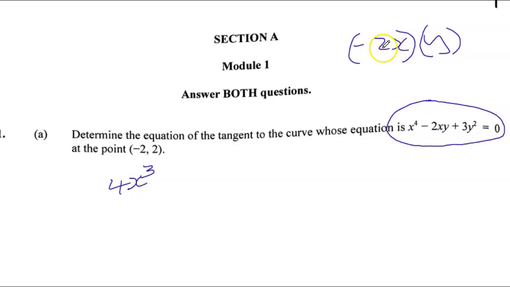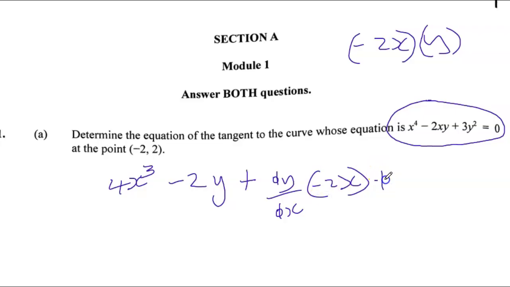Differentiate negative 2x with respect to x, we get negative 2, and we keep the y, so we leave the y alone. Plus, we're going to alternate now. This time, we're going to differentiate the y, and the derivative of y is dy by dx. And then the other function, negative 2x, we'll leave that alone.